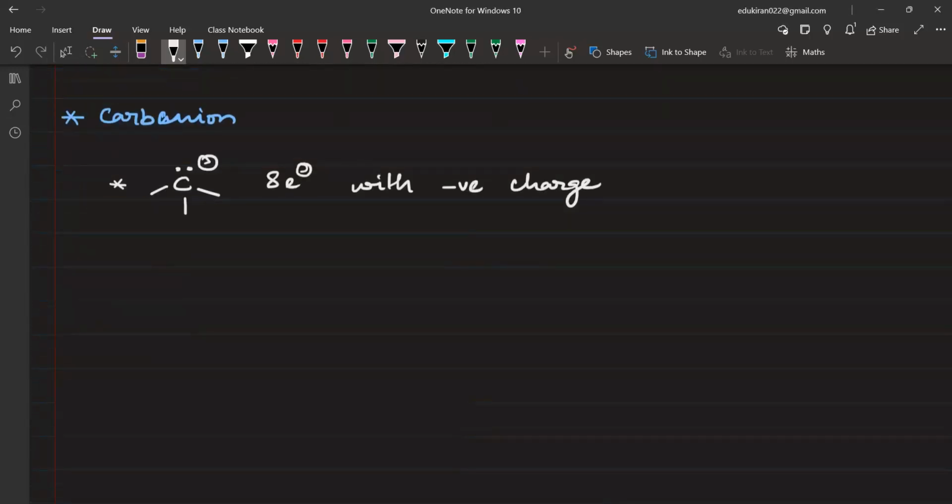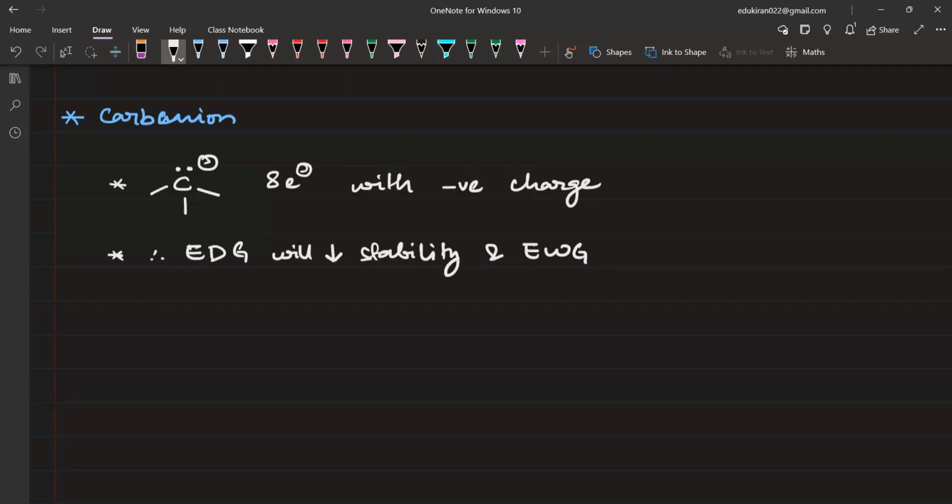So if I talk about the stability, it is having negative charge, therefore electron donating groups will decrease stability, and electron withdrawing groups, the groups which are going to withdraw the electrons, that means take up the negative charge, will increase the stability.